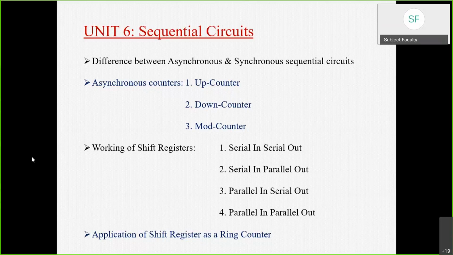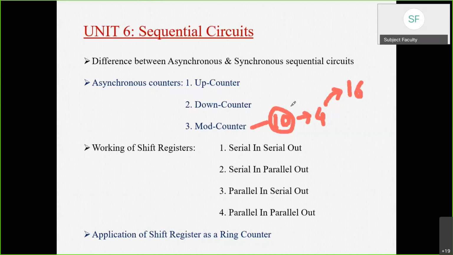So you require a total of 4 flip-flops, which will give you 16 states, starting from 0 to 15. But we want only 10 states because our counter was mod 10. So that's why we have skipped the remaining 6 states.